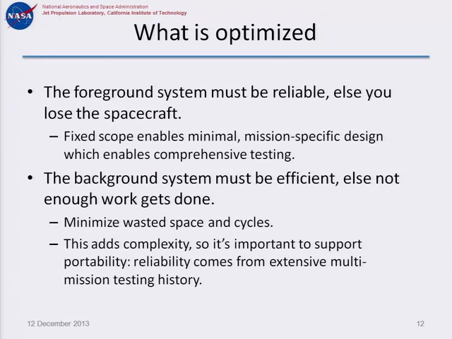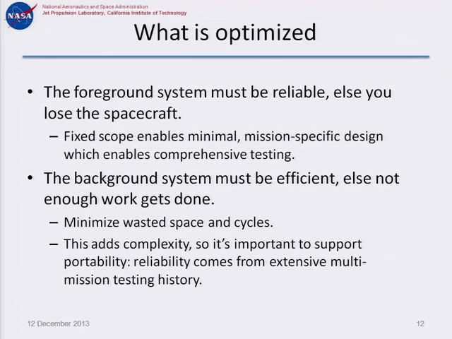For the background system, the reliability is important, but what's really more important is efficiency. If you don't have efficiency, then not enough work gets done. If there's an error, you're not going to lose a spacecraft, because it's not the same thing as the real-time system. If it's inefficient, it's useless. There's no point in having it. So it's very important to minimize waste of space and waste of cycles.